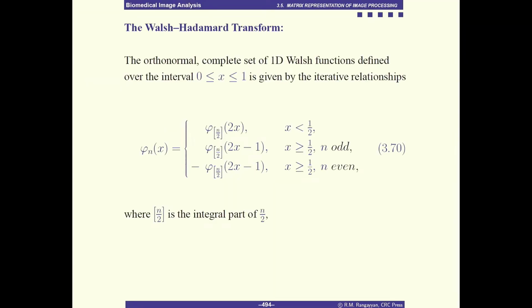To give you another example, the Walsh-Hadamard transform is commonly used in image processing. It could be used in signal processing also, but it's not so common.